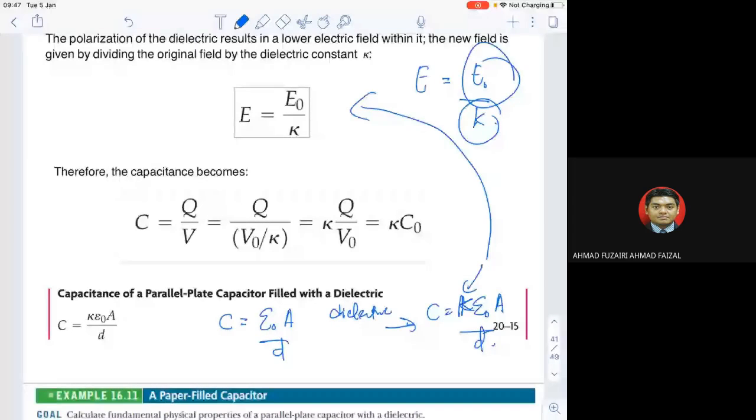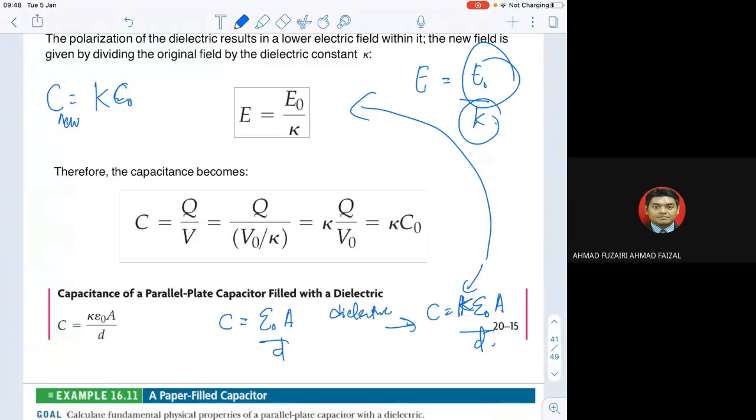And you can also easily calculate the new capacitance if you already know the old one. You just multiply the old capacitance with kappa. So new capacitance is equivalent to kappa times C naught. C naught is your old capacitance.